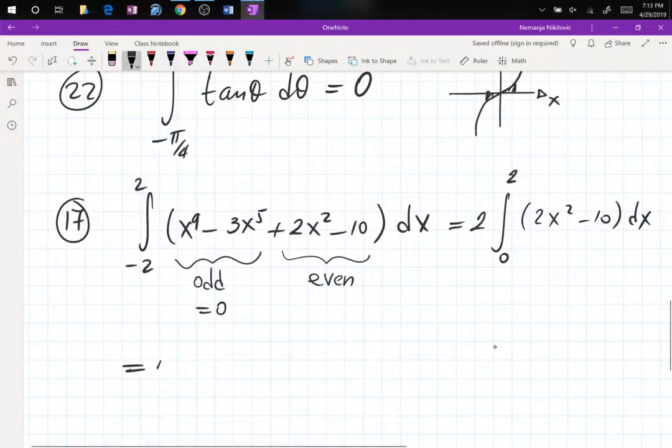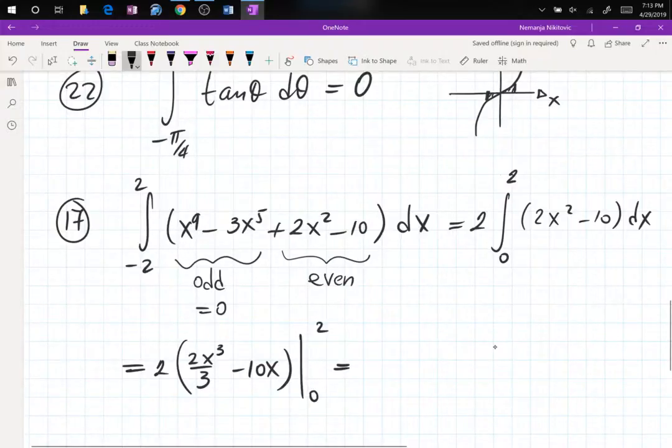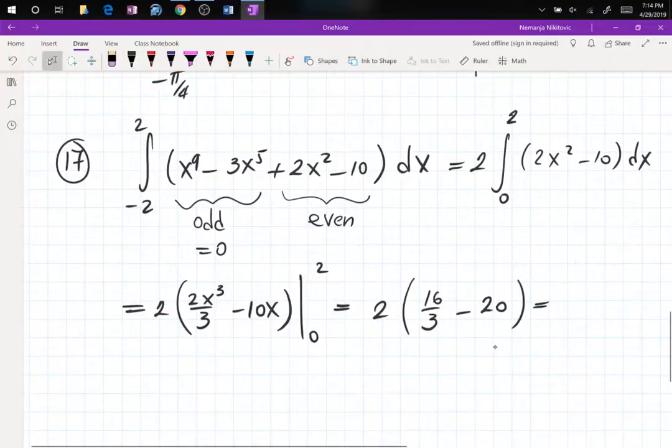So now, 2 times the integral over here is 2x cubed over 3 minus 10x, computed from 0 to 2, and you just need to compute at 2. That's easy. 0 is just going to zero everything out. So this is 2 times 16/3 minus 20.